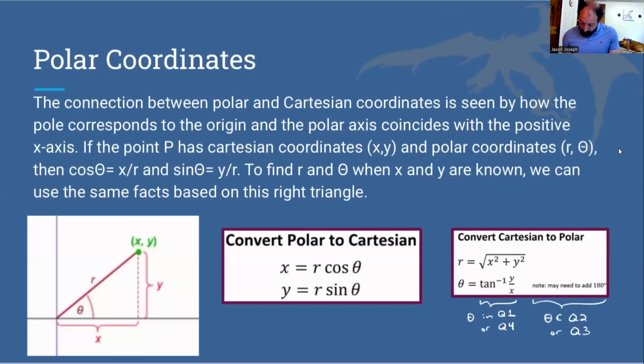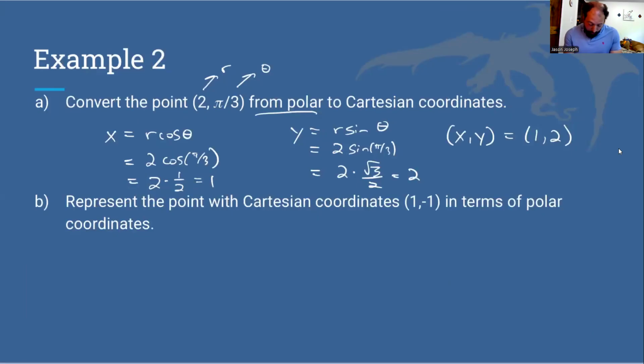So now it's good practice to use these formulas, but another thing you can do, especially with a relatively simple point like 1, negative 1, is just graph it and then figure out what are valid polar coordinates for that point.